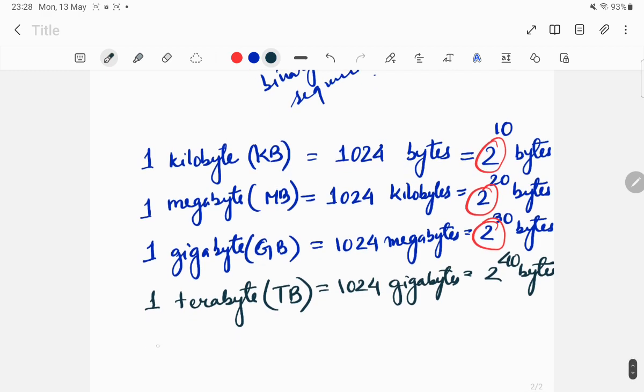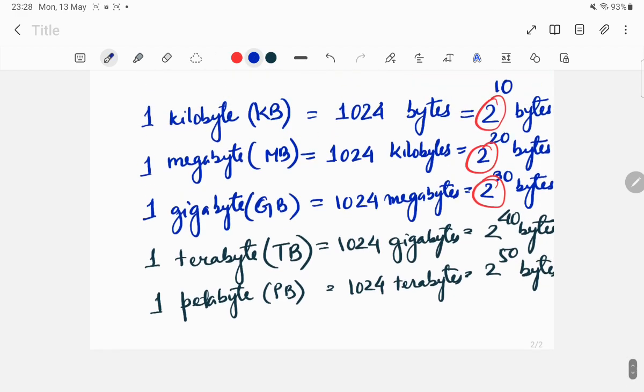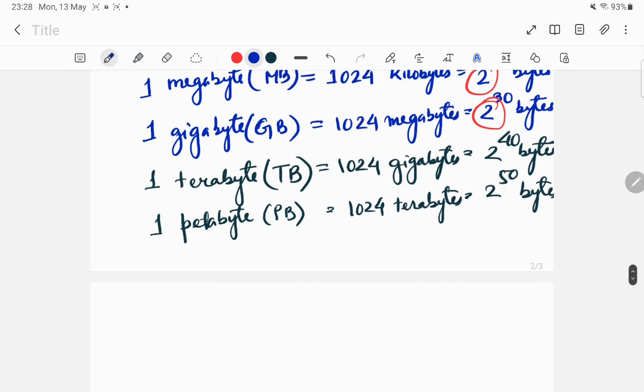And next is 1 petabyte, PB. This is again 1024 terabytes, 2 to the power 50 bytes.